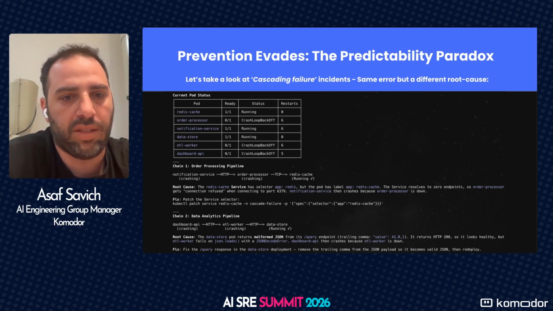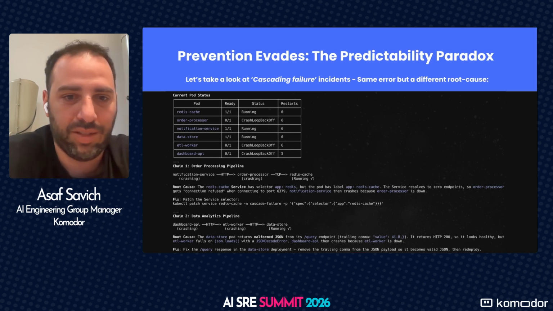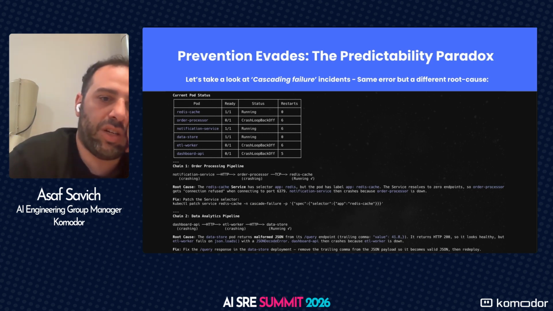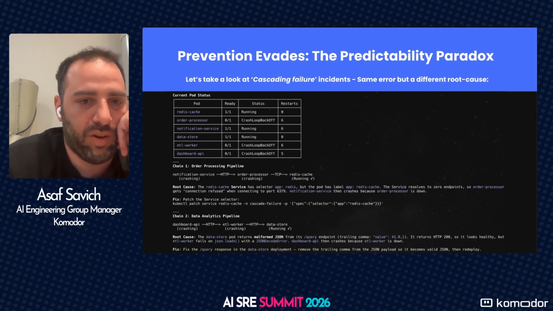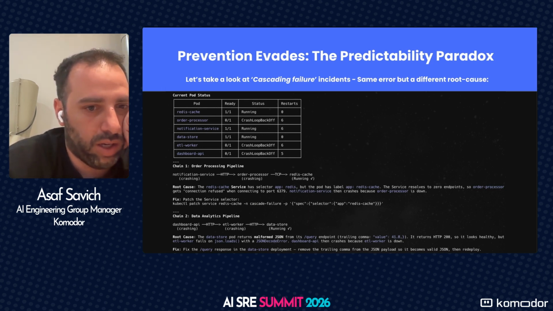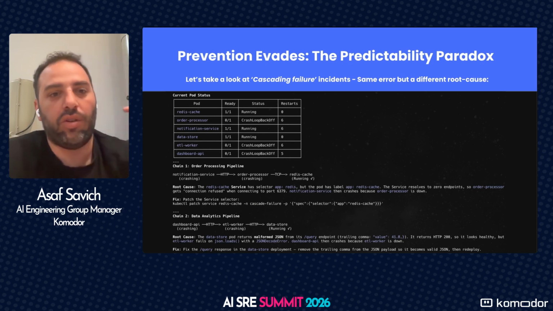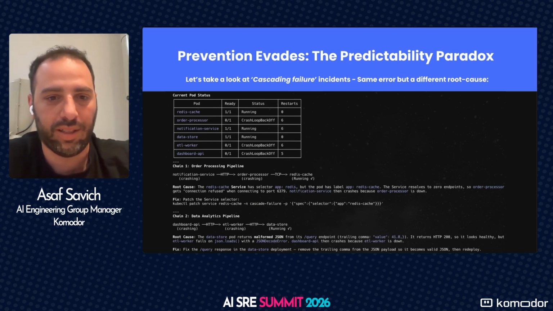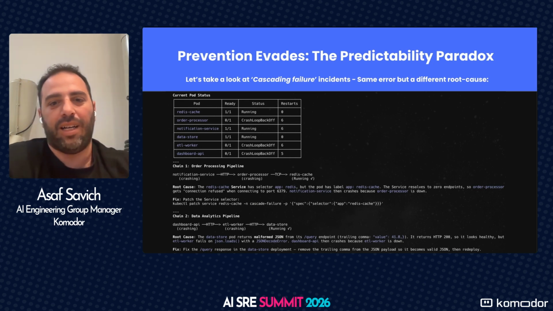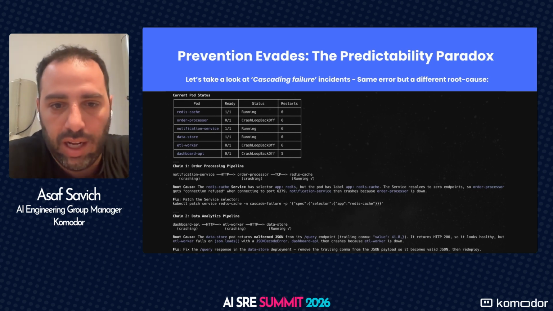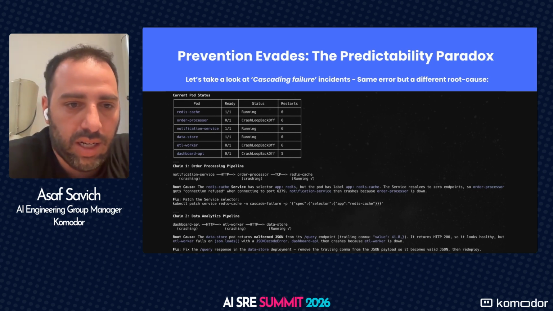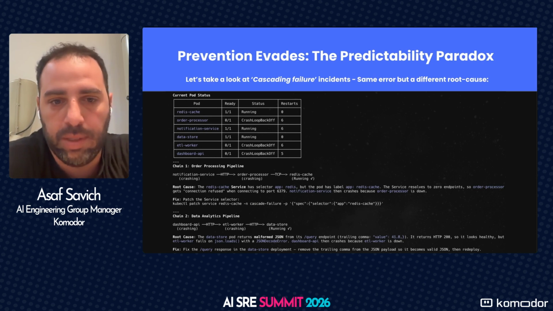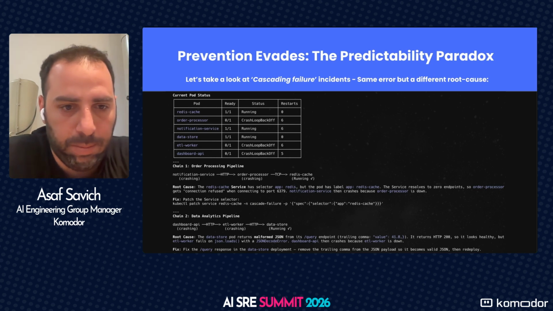So the order processor tries to use the right Redis cache, which is configured badly, it crashes, and as a result, the notification service that relies on the order processor crashes as well. So the two services that are configured properly are crashing, and the one service that is misconfigured is actually running. So the resolution here is a misconfiguration, and we need to patch the Redis cache with the correct label, the correct spec, and everyone will be happy.